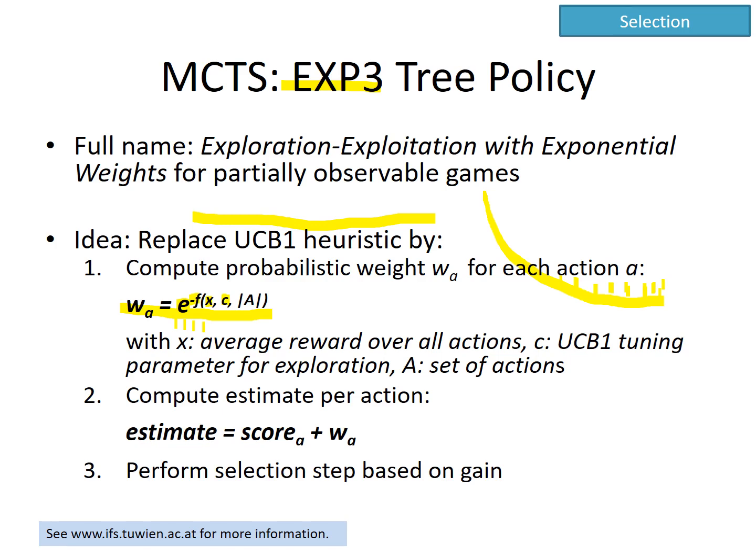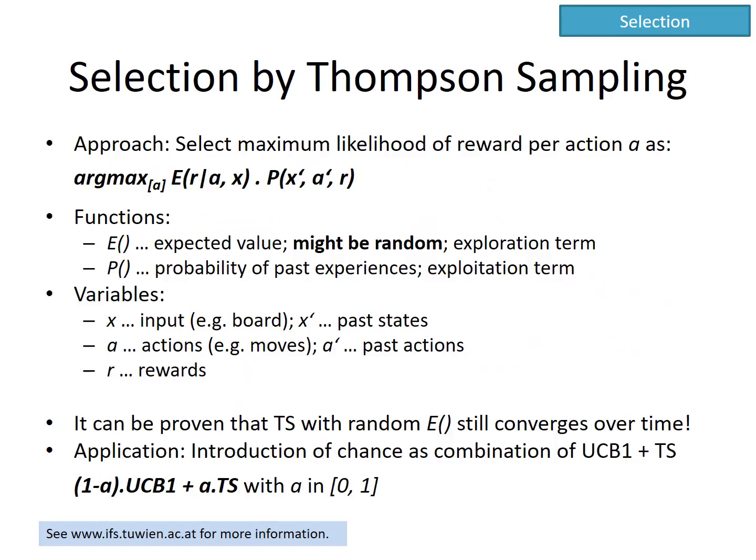Okay, the estimate for a move is again computed by the reward so far plus the benefit we give unvisited nodes based on this function. So it's the same strategy, just a different curve for the bonus that you give.